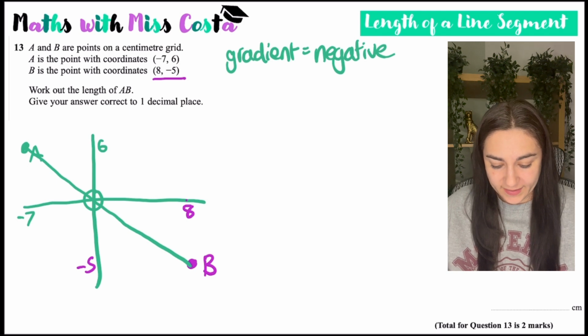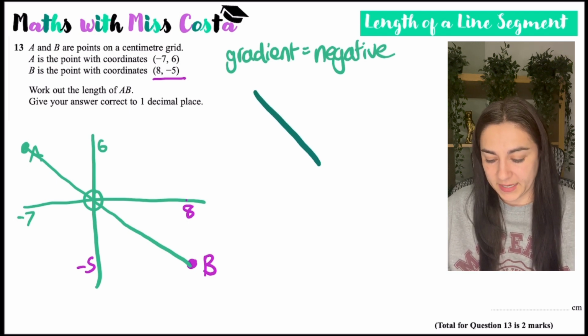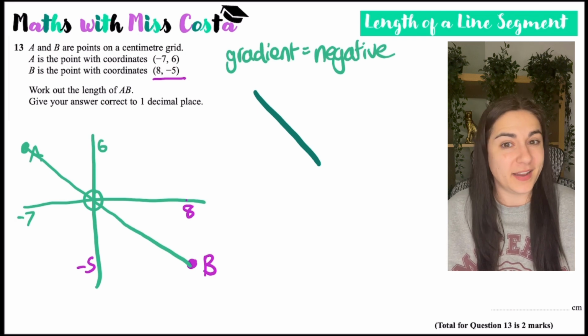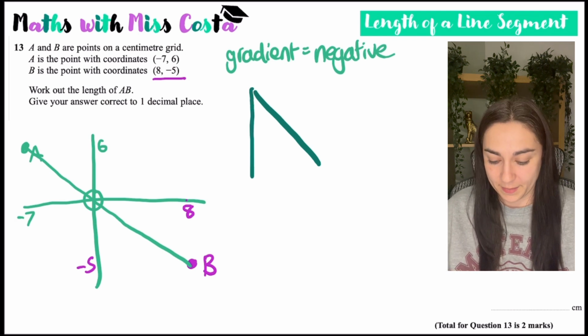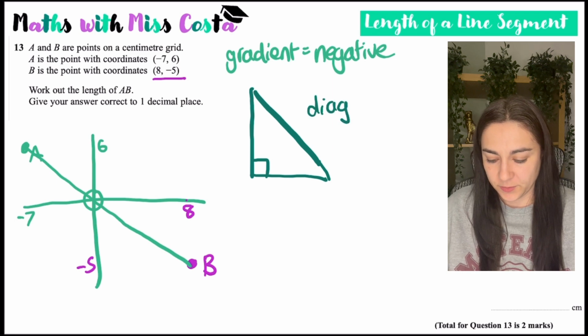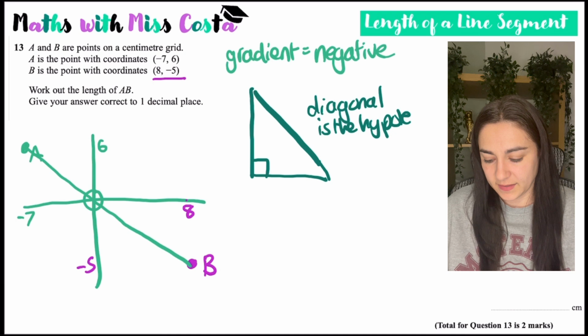So we need to work out the length of AB. Well, AB is just a diagonal line. And how can you work out the length of a diagonal line? Where have we come across that before? We've come across that before because the diagonal is the hypotenuse of a right-angled triangle.